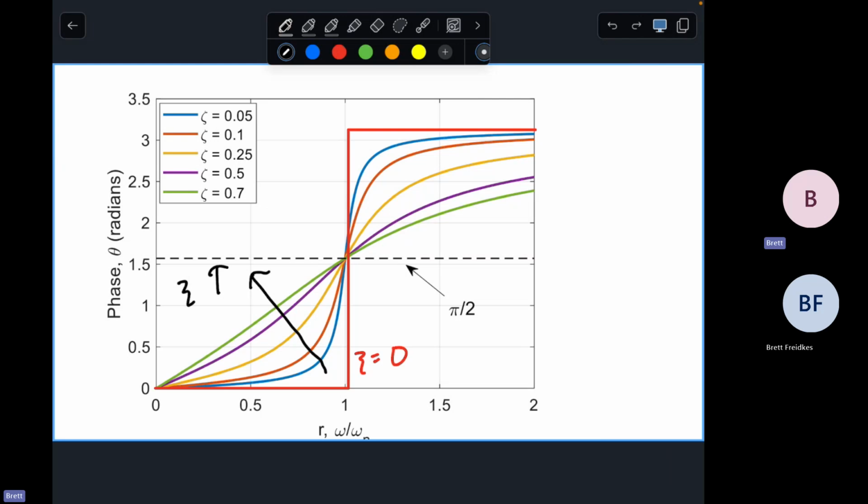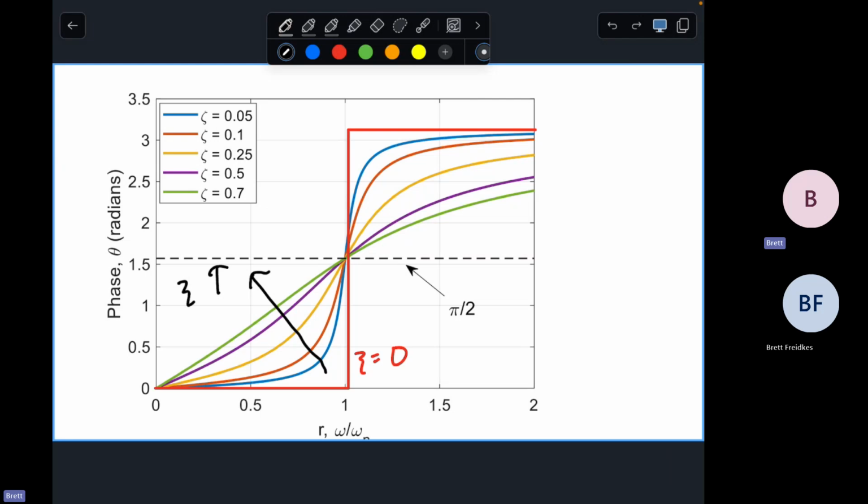But once you introduce a zeta, that motion will begin to decrease as time goes on because of the damper removing energy from the system. Again, that's assuming free vibration. Once you have this force present, that is not going to decay as time goes on, but its amplitude will change because the amplitude of the position will depend on not just the force, but also the damping present in the system. But what this does is that it slows everything down.